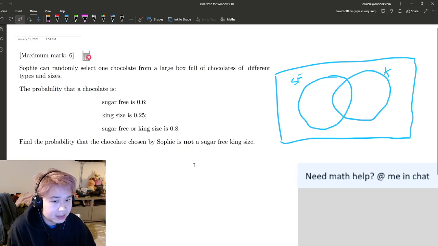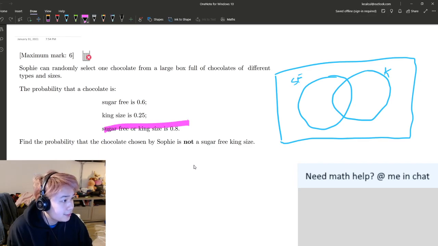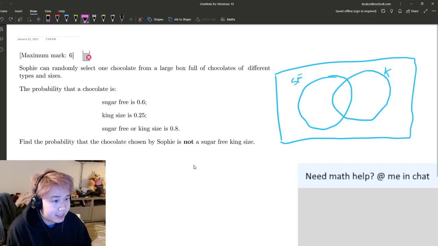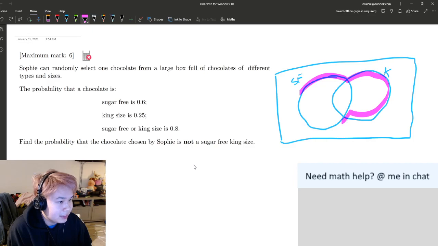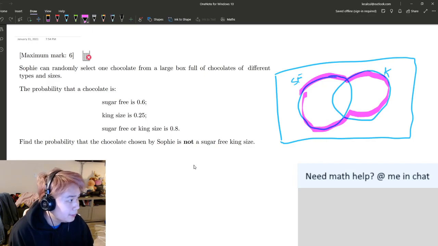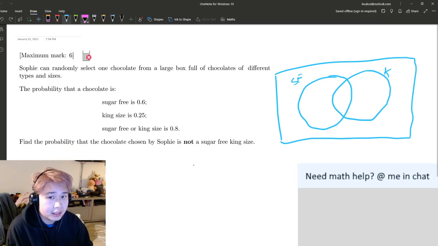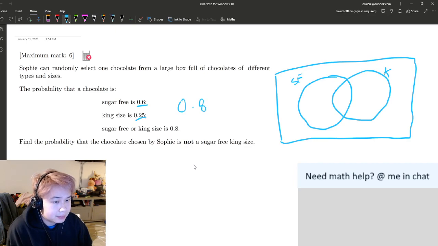But anyways, the third line is important. We have sugar-free or king size is 0.8. So these two probabilities together make 0.8. And if you take a look at the individual probabilities, those add up to 0.85.